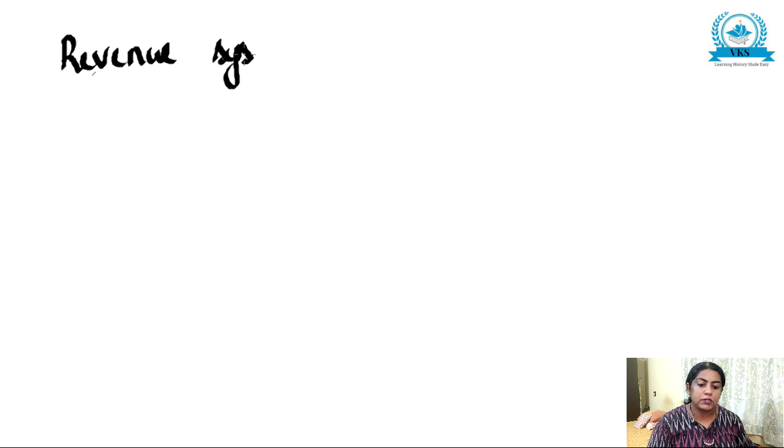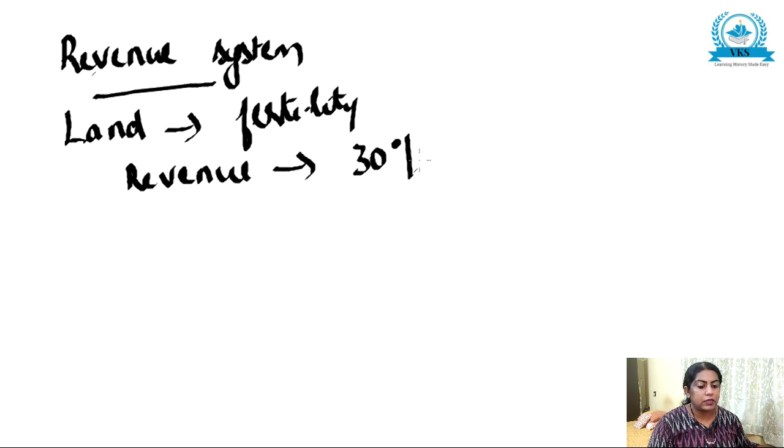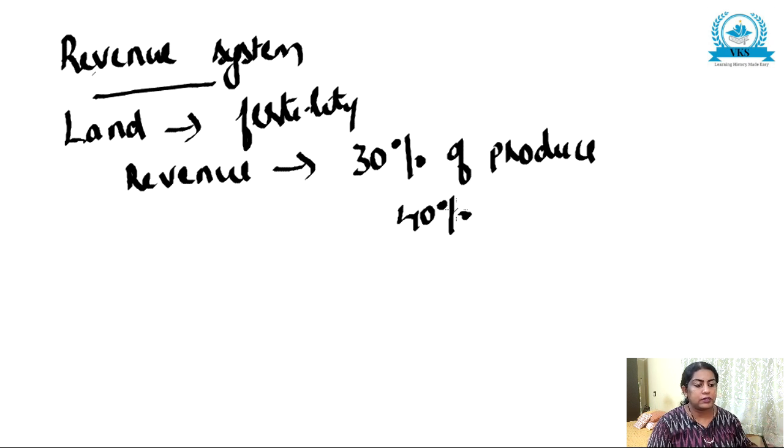Revenue system of Shivaji. Considering the revenue system, Shivaji classified the land according to fertility. After classifying the land according to fertility, revenue was fixed at 30% of the produce and later increased to 40%.